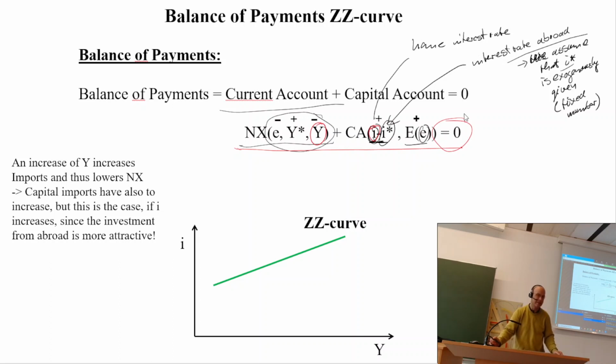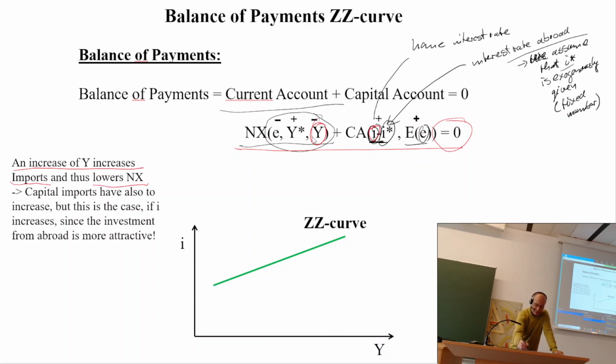Well, and for this, in general, we could argue that if we have a good situation at home, a quite good economic growth, so our home income increases, then we assume that we start to buy more goods.